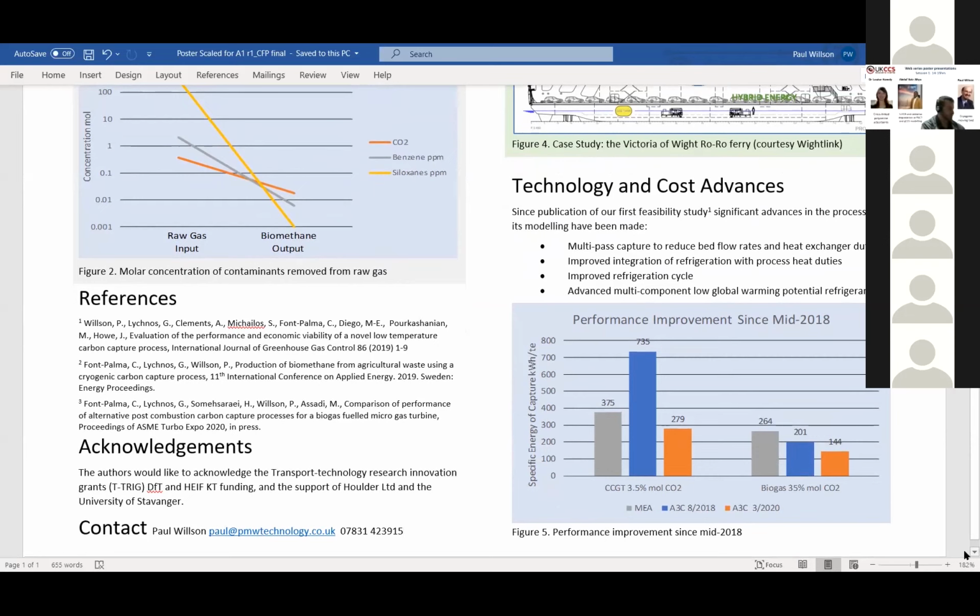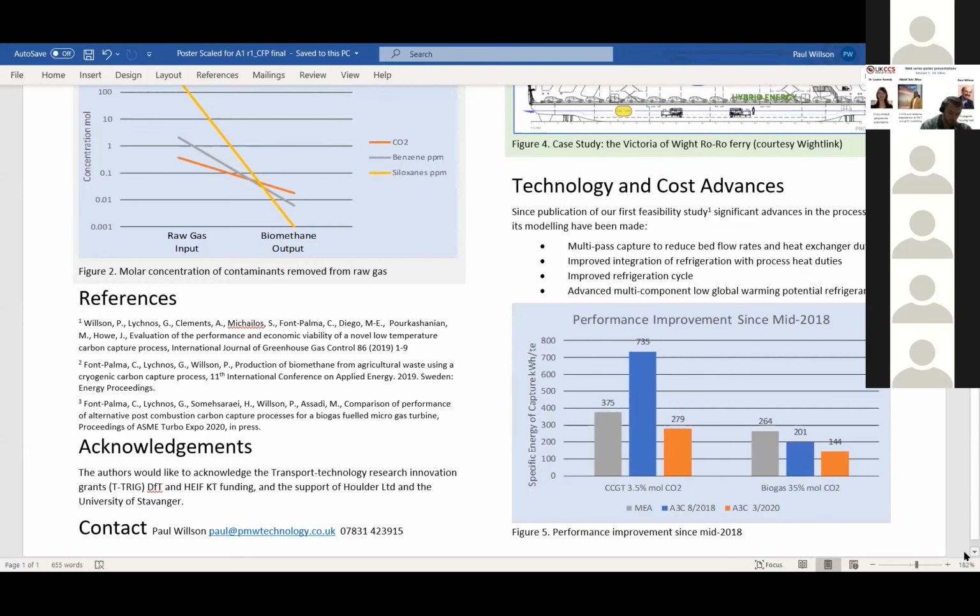Particularly notable is the improvement in processing low carbon dioxide content gas from a gas turbine, 3.5% mole. We've got the energy consumption down to 279 kilowatt hours per tonne, almost exactly 1 gigajoule per tonne. And for the biogas case on the right, we're now down to just about half gigajoule per tonne for removal of carbon dioxide.